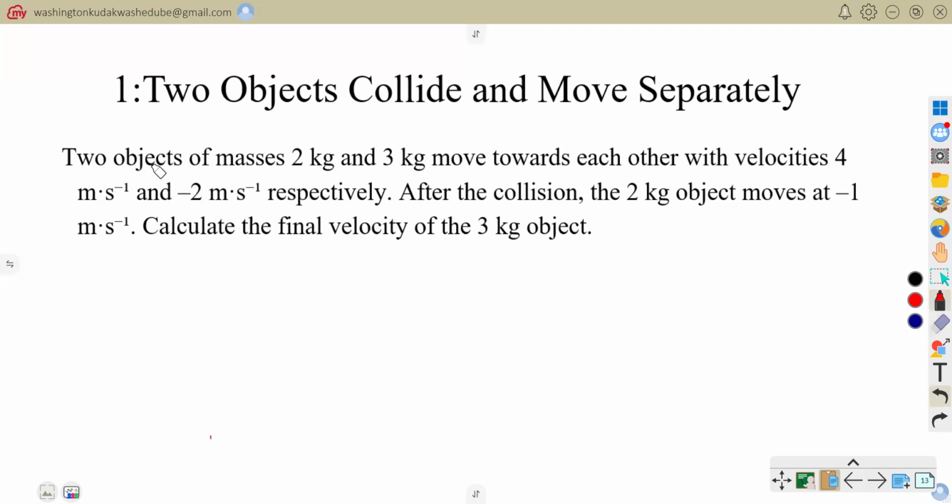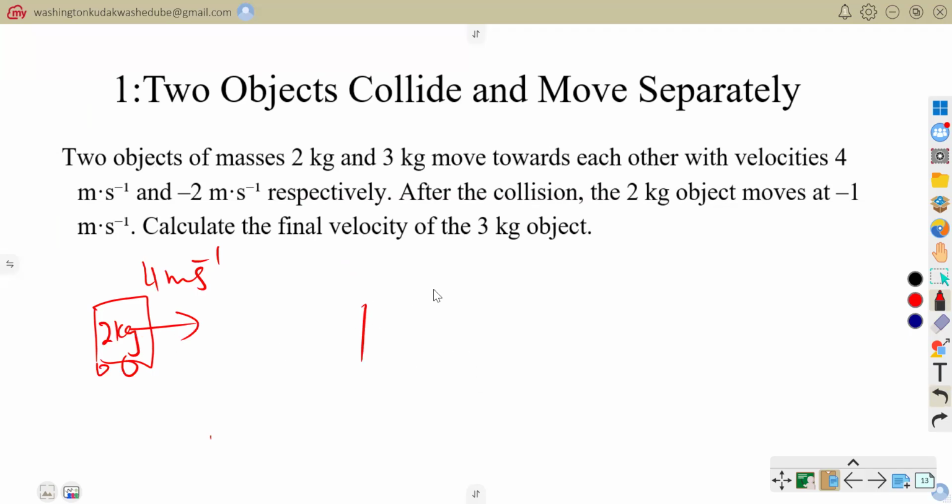We are told that two objects of masses 2 kg and 3 kg move towards each other with velocities 4 meters per second and negative 2 meters per second. So let me say that the first object has a velocity of 4 meters per second, and this object has a mass of 2 kg.